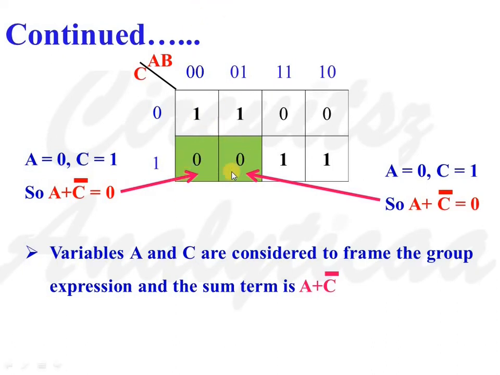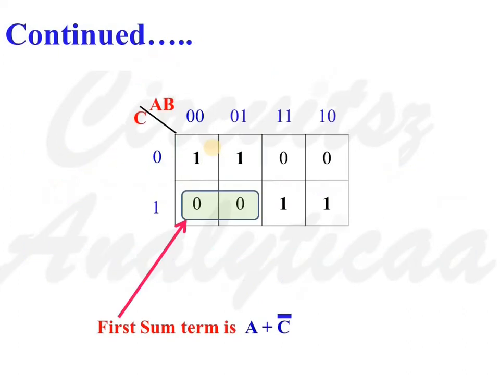Value of variable A and value of variable C are same for these two cells. So expression for this sum term is A plus C bar, as value of A is equal to 0 and value of C is equal to 1. So first sum term is A plus C bar.